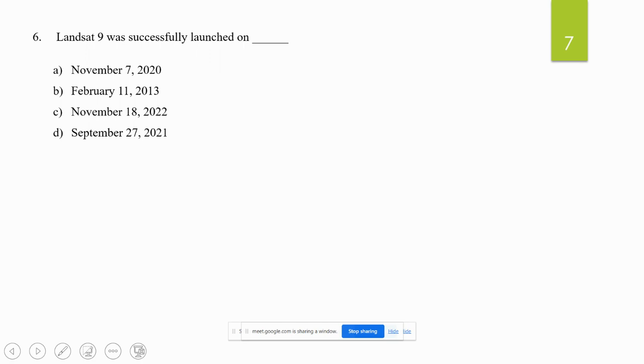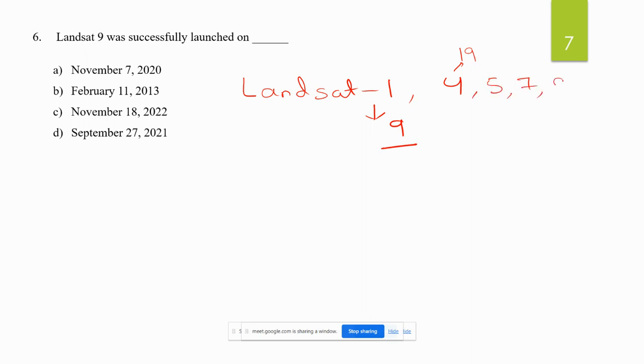Then the sixth question is, Landsat 9 was successfully launched on. Landsat is a series of satellites. Landsat 1 started, and currently we are on 9, and the 10th is also in planning. We started getting data from Landsat 4, that is 1984, and then there were 5, 7, 8, 9. They are all giving data.